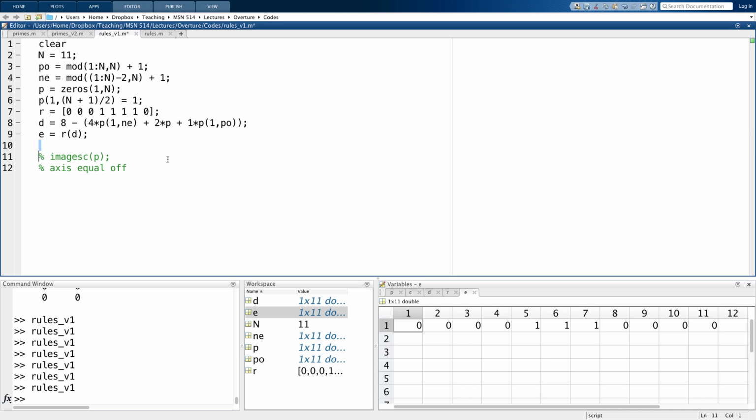We start with some P, and let's not erase this. Let's go from n equals 2 all the way up to n. Or let's start from 1 and go to n minus 1.